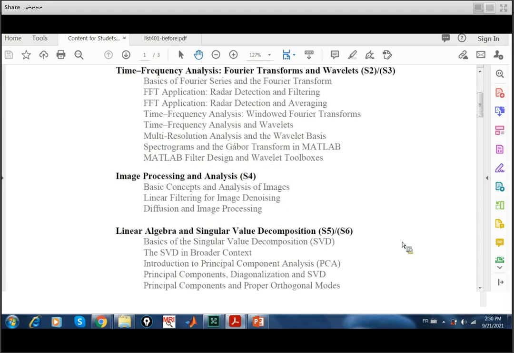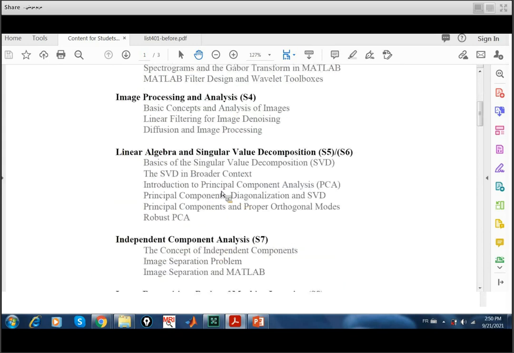As you know, in the field of pattern recognition and machine learning, one of the most important topics is feature reduction or dimensional reduction. We will become familiar with algorithms like SVD, PCA, and ICA.